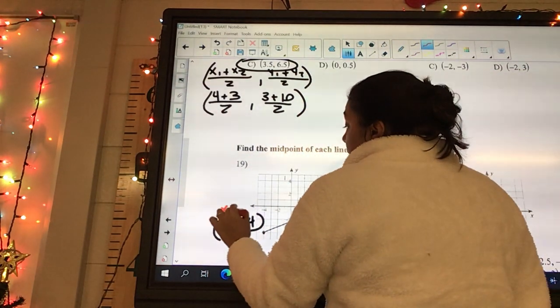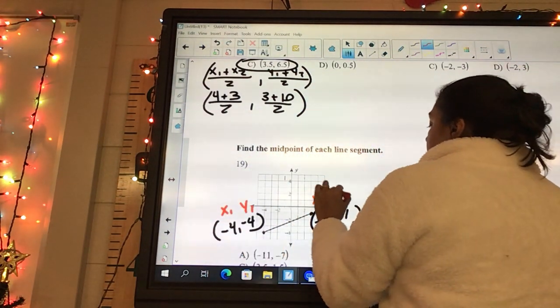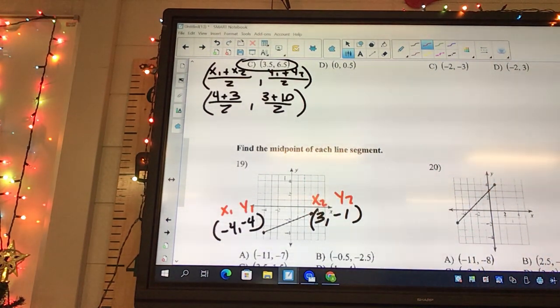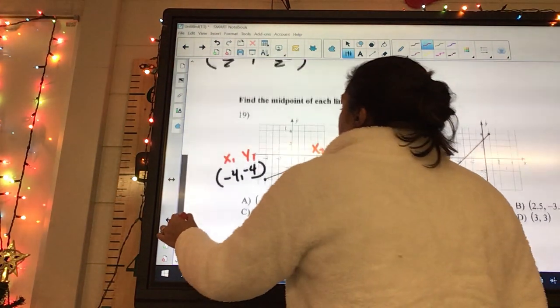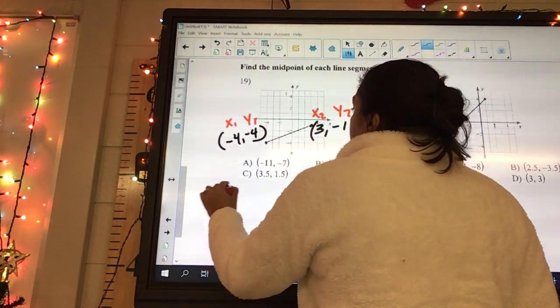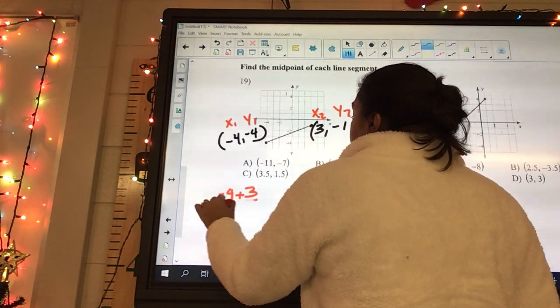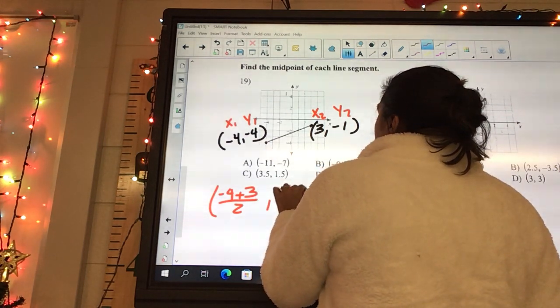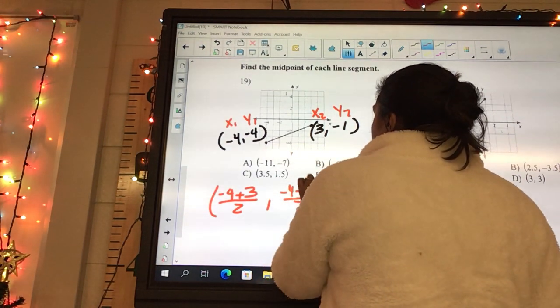Okay, and then go through and label x1, y1, x2, y2, and you do the exact same thing that you did above. Okay, so you're gonna have -4 plus 3 over 2, and -4 plus -1 over 2.